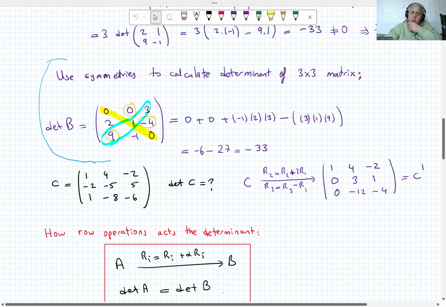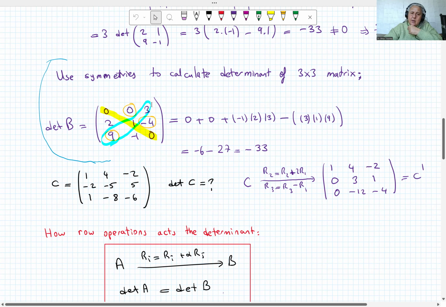So 3 times 1 times 9 is this one. And the symmetries will be this times this times this. Think about this blue one. This will be the symmetric with respect to that one. It's like a T symmetry. 2 times 0 will give you 0.